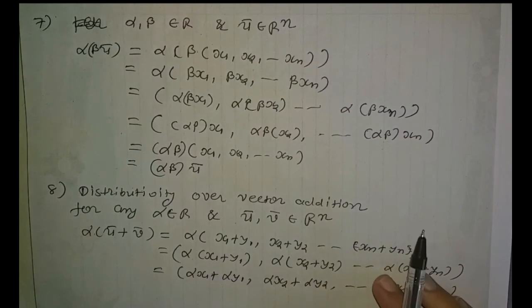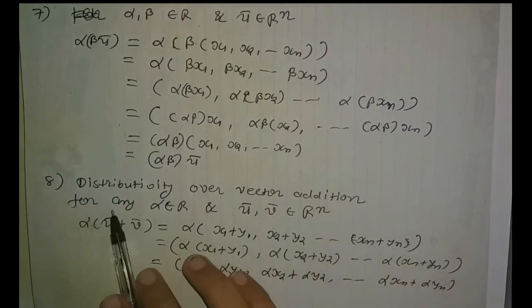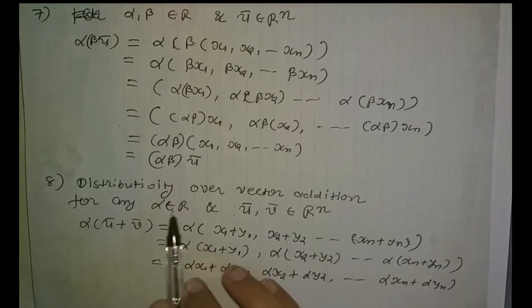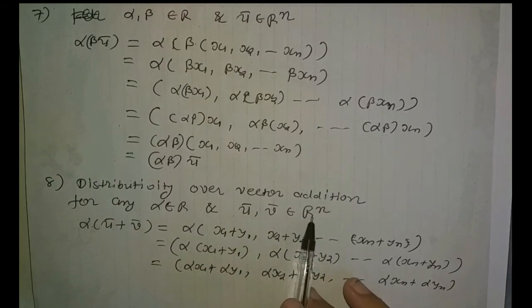The eighth property is distributivity over vector addition. Let us consider alpha belongs to R and two vectors u bar and v bar belong to Rn.